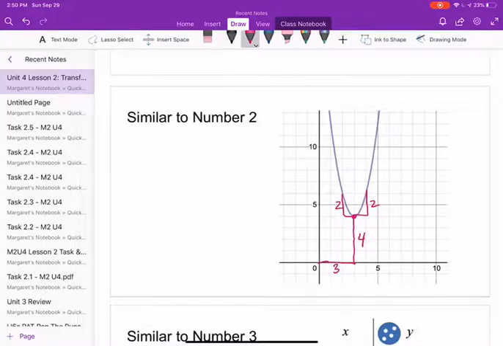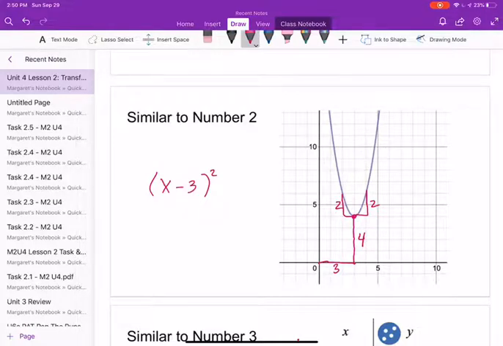So, as we saw yesterday, if we want to shift right, we need to add or subtract something to the x before it is squared. So we're going to have parentheses and have x. We discovered yesterday that the sign is opposite our expectation, so this is going to be x minus 3 squared.